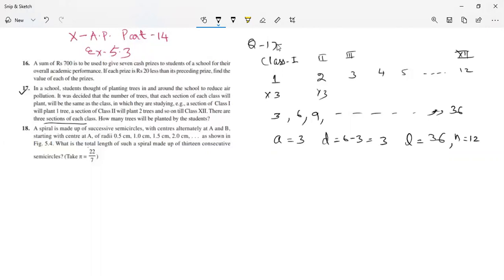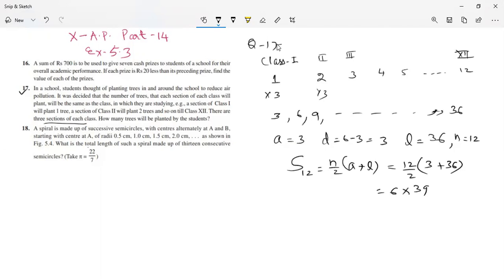Okay, so find the sum of 12 terms using the formula n by 2 into a plus l. A is the first term, l is the last term. So 12 divided by 2 is 6, 36 plus 3 is 39.